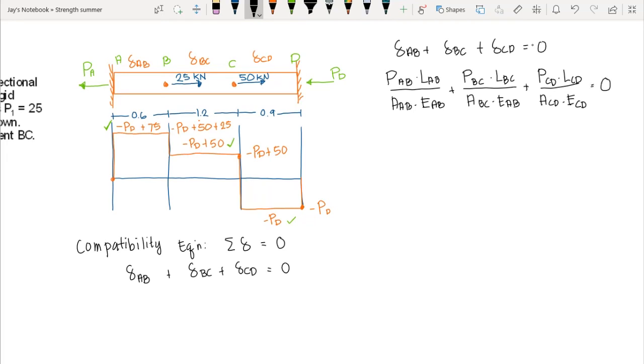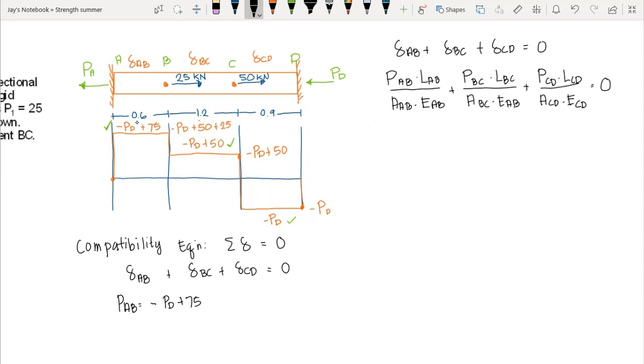Now the force in AB is equal to negative PD plus 75, correct? So our PAB here is equal to negative PD plus 75.